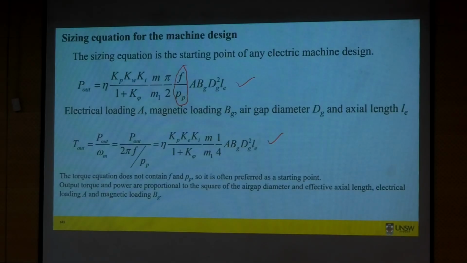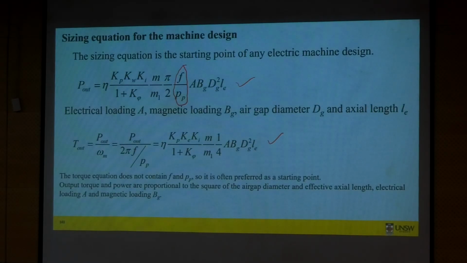Sometimes in your design you may want to optimize the number of pole pairs, or optimize frequency. For those types of applications, you may not know initially what your number of poles or frequency is going to be. In that case, you can start with the torque equation. The only difference is that frequency and pole pair are not there in your torque equation.